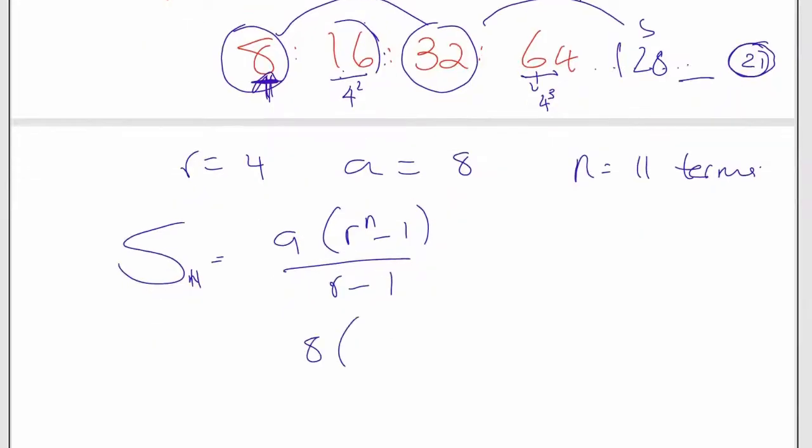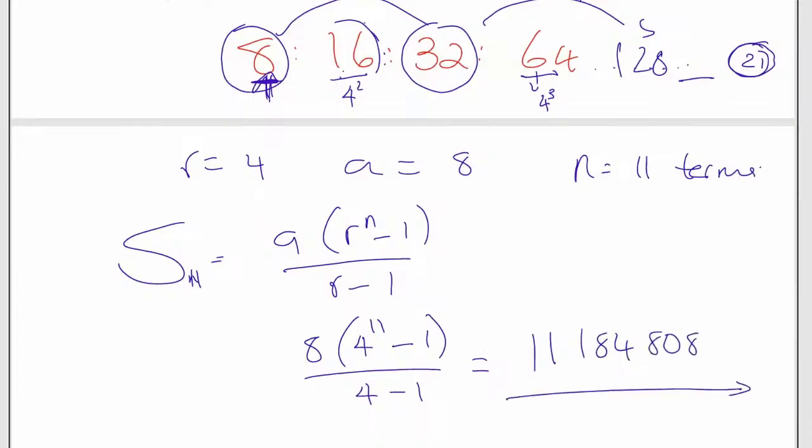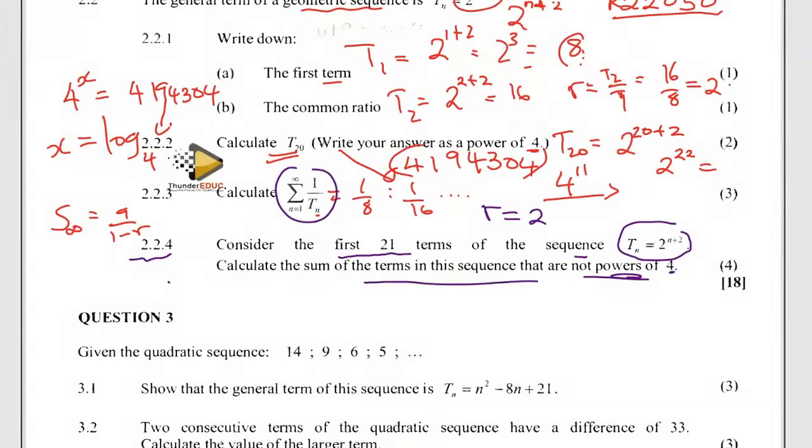Our a is 8 times the common ratio, which is 4 to the 11 minus 1 over 4 minus 1. When I punch this into my calculator, 4 to the 11, minus 1, close that, and then over 3. It's a very big number: 11184.808. So this is the sum that I'm getting, the sum of terms that are not powers of 4.